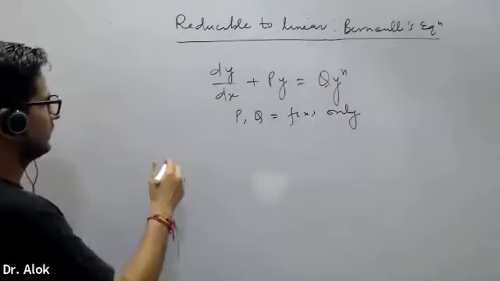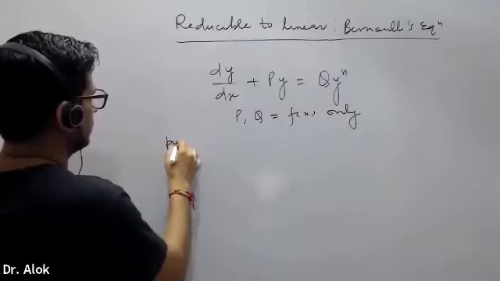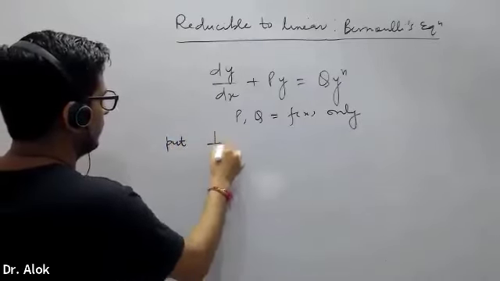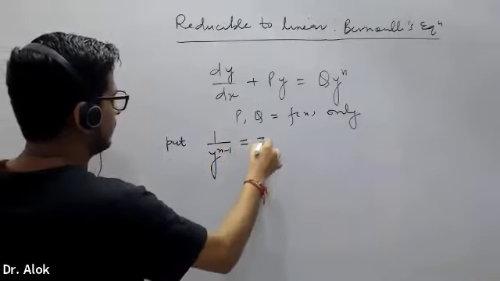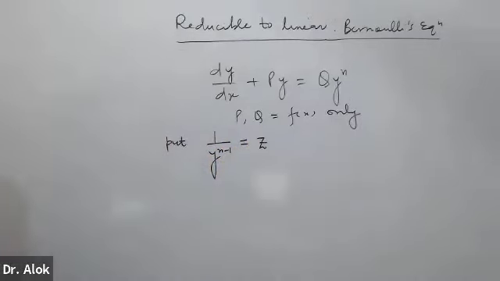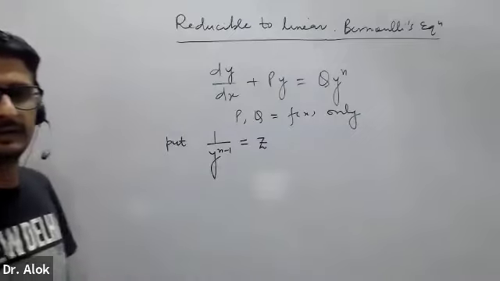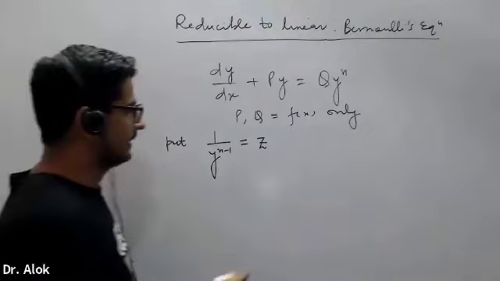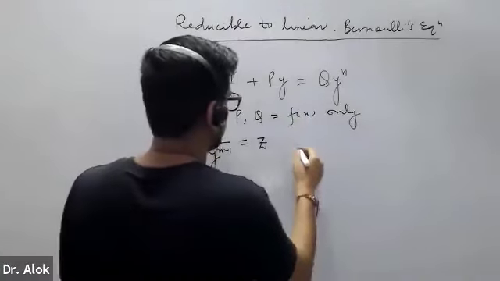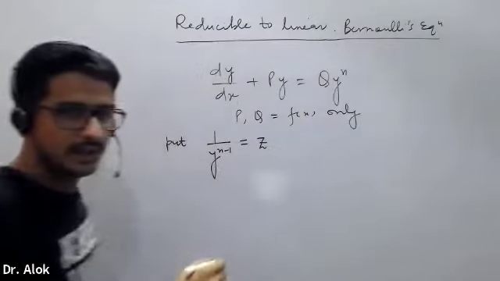How is it solved? We put 1 upon y to the power n minus 1 is equal to z. With this substitution, the equation is transformed from y to z.